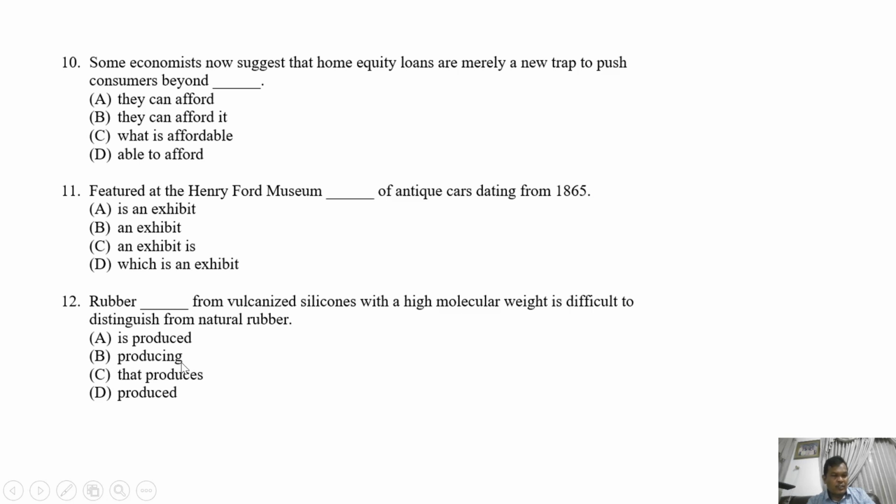We have producing, verb-ing, as a verb which is not a predicate, and also verb 3, which is also not a predicate: B and D. Now, this is also the trick, the strategy that you can use in order to answer the question in structure. You see that passive and active meanings are also important in structure.